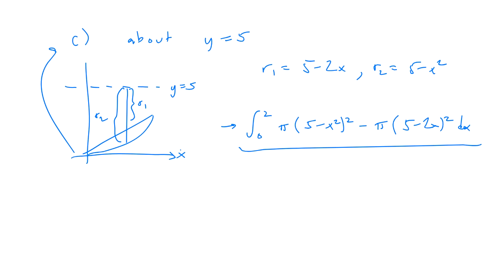Okay, so those are the 3 cases where we're either doing the x-axis or something parallel from either above or below. Remember what I said yesterday is, in theory, we could do something inside. So this is the point 2, 4. So in theory, we could do rotated around y equals, say, 3.